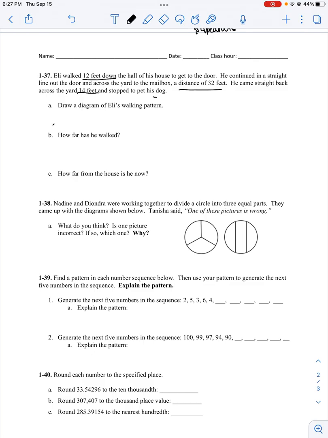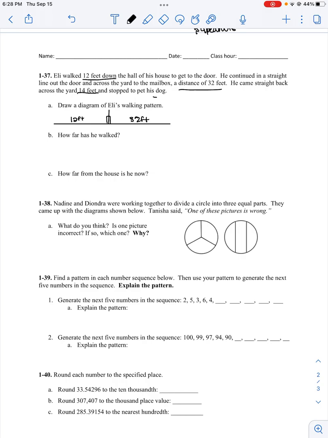So, this is my diagram. He walked 12 feet down the hall of his house, so this is my 12 feet. I'm going to draw a vertical line here. This represents his front door, and I'm going to draw a little door there. He walks straight out of his house and to his mailbox. This is 32 feet.